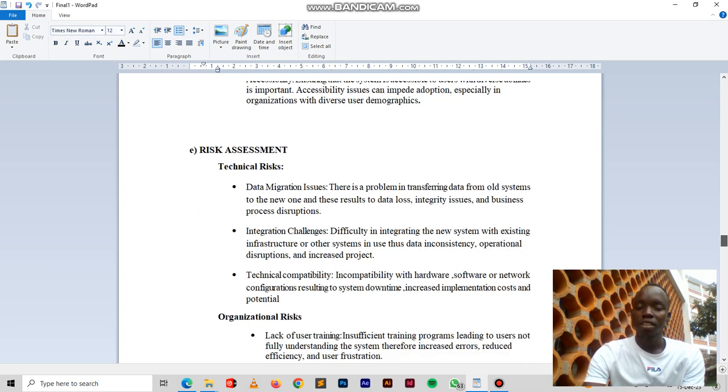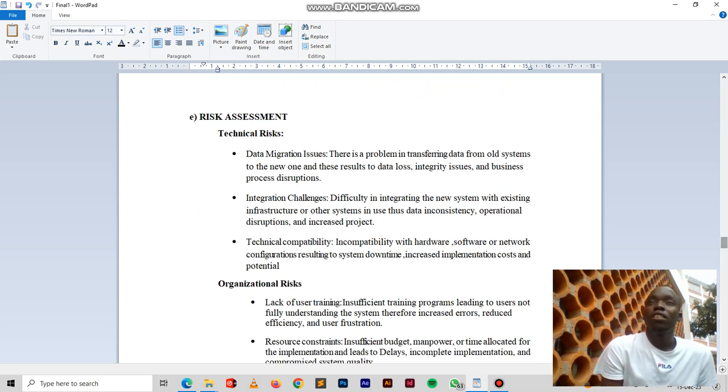Risk assessment. In risk assessment, there are some technical risks and organizational risks. Technical risks are the risks involved in the system, like data migration issues, transferring data from maybe an older system to another.